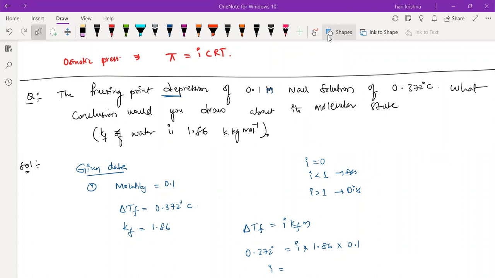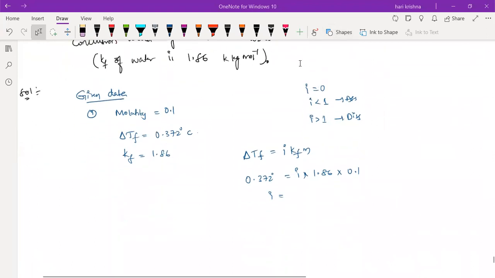Hello, yes, sir. So for the answer, the i value is 2. If the i value is 2, is it association or dissociation? If i value is 2, NaCl is associating or dissociating? i greater than 1 is dissociation, right?